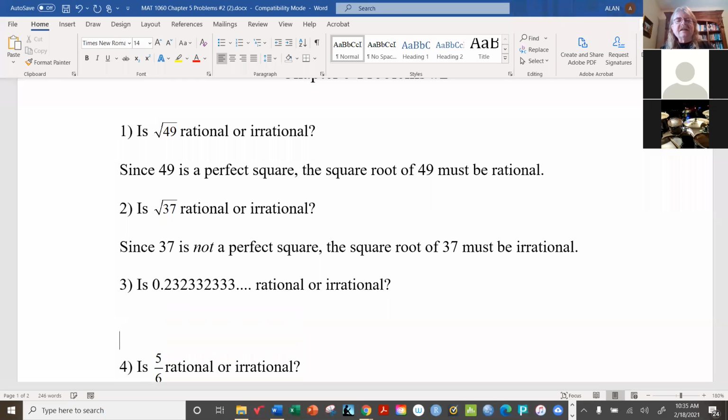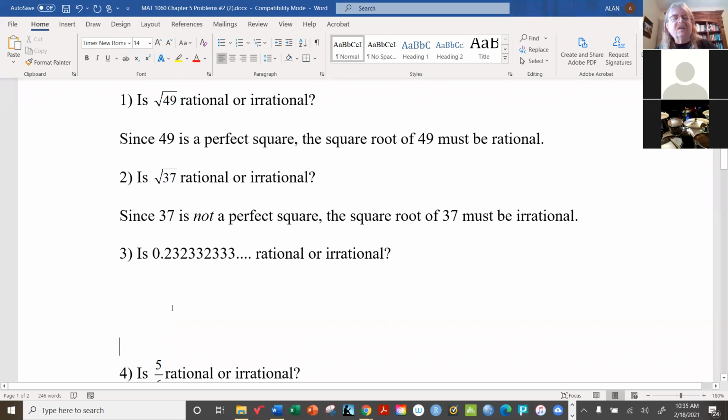Now, if you don't look at this carefully enough, you may think at first glance that it is a repeating decimal, but in fact it's not, because if you notice it starts with 0.23 and then it goes on to 0.233 and 0.2333.